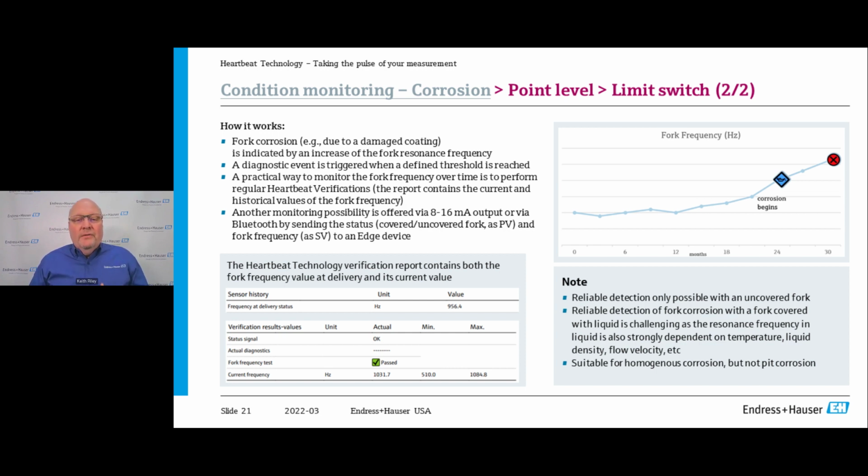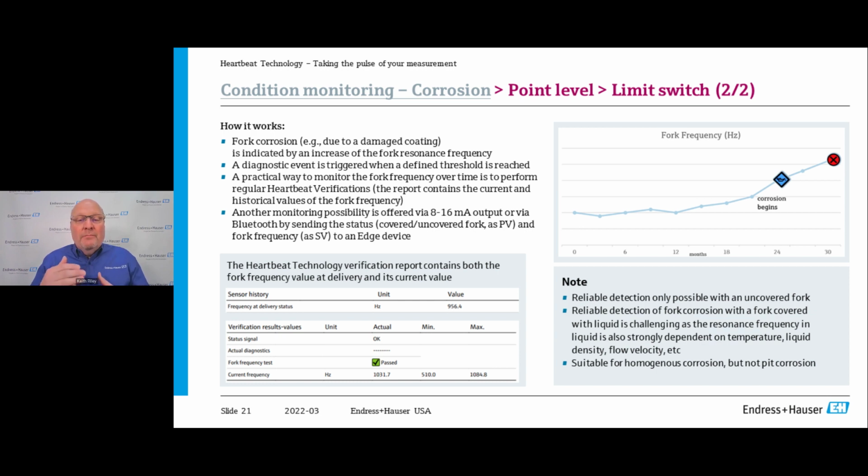Let's jump ahead to the latest development for us, which is going to be on our HART-based electronics, which come out with that 8 and 16 HART output that's now available. That actually allows you to monitor the frequency 24/7 as part of your HART output variables, so that you can see in real time what is happening with that frequency.